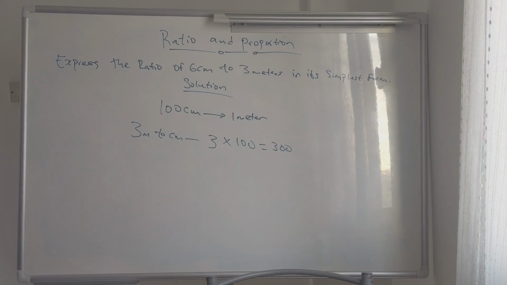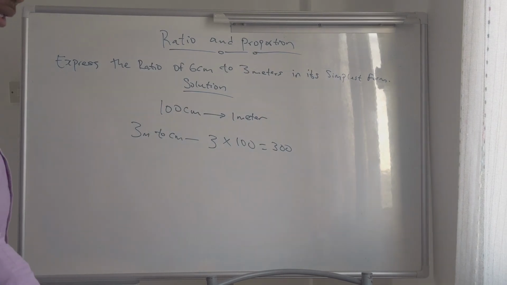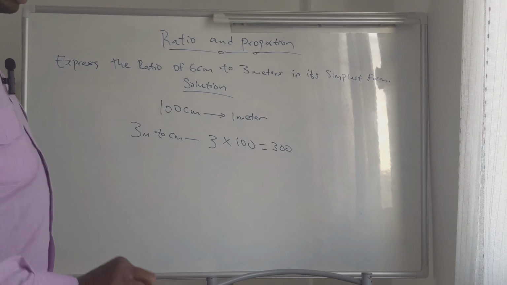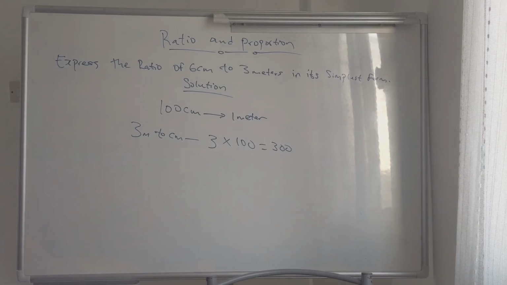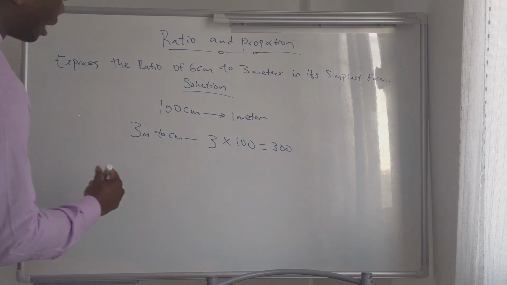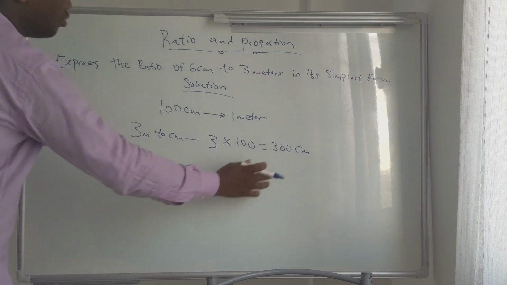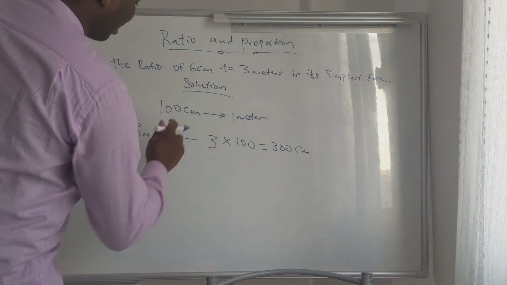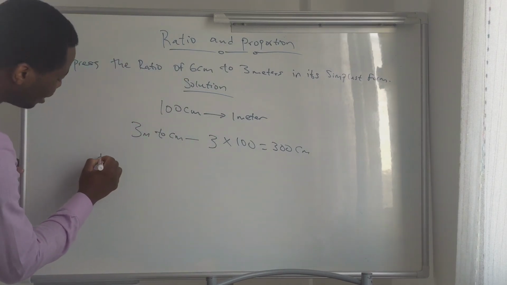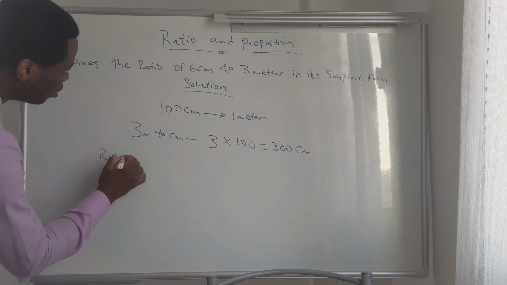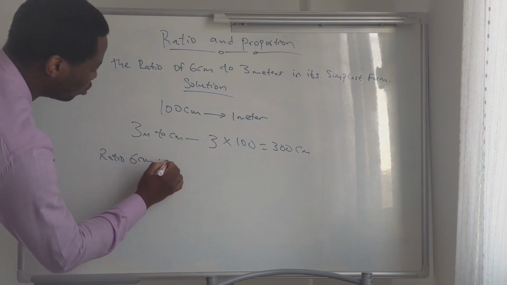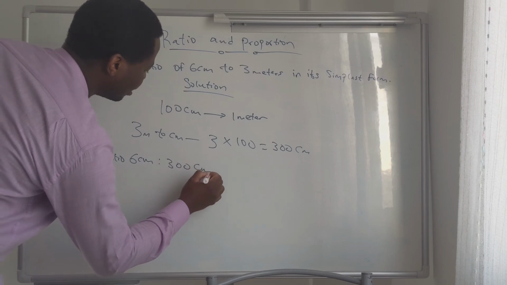So now we have converted. And I said, check, they must have similar quantities. So now, since they have similar quantities, we can say that we want to express the ratio of 6 centimeters to 300 centimeters.